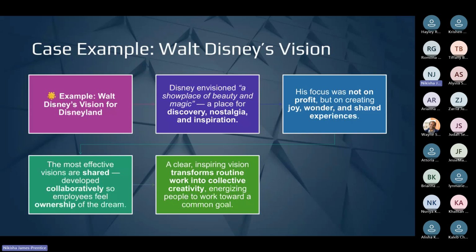Notably, profit was never mentioned. The emphasis was on purpose and shared joy. Daft stresses that the most effective visions are shared, created collaboratively, so that employees feel ownership of the dream. A clear, inspiring vision transforms routine work into collective creativity.